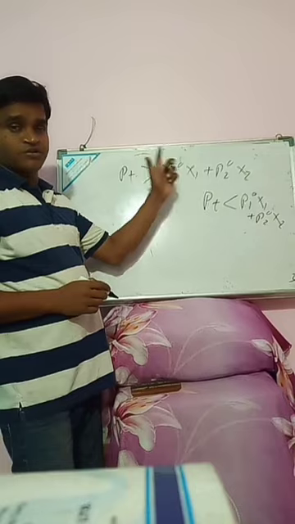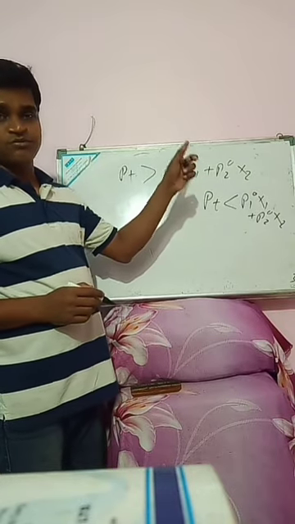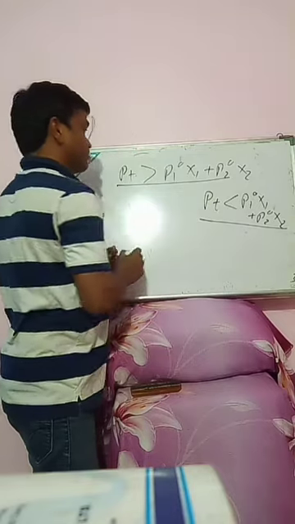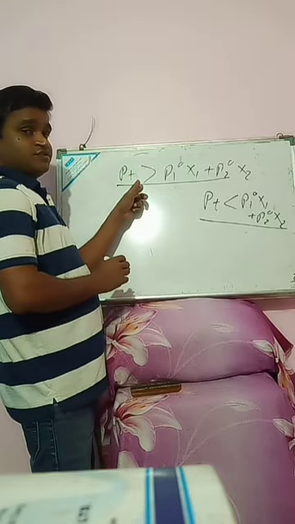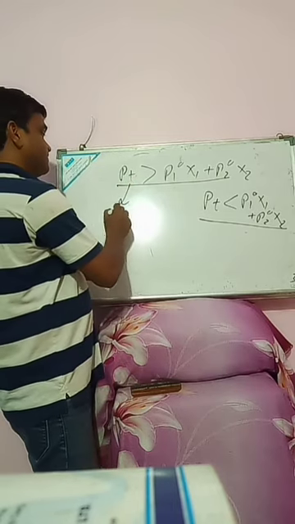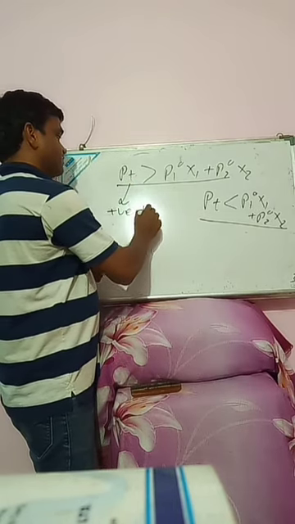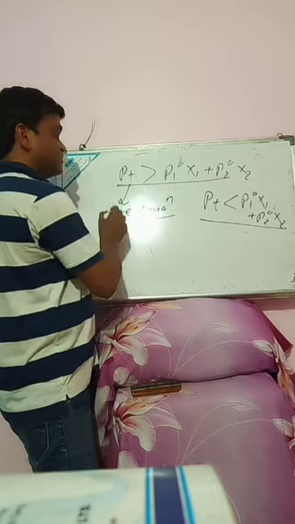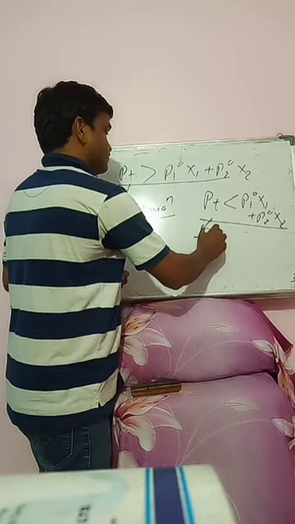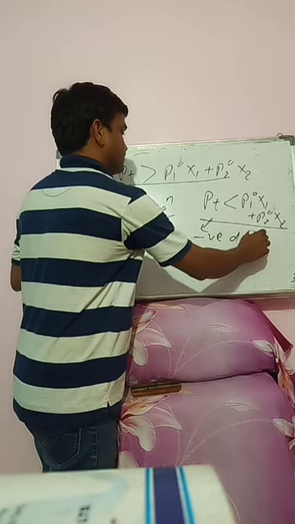If P total is not equal to P1 naught x1 plus P2 naught x2, then either this one is satisfied or this one is satisfied. Okay, and from this, the solution is called non-ideal solution showing positive deviation. So non-ideal solution is of two types: non-ideal solution showing positive deviation, non-ideal solution showing negative deviation.